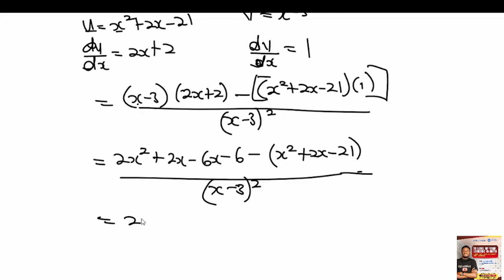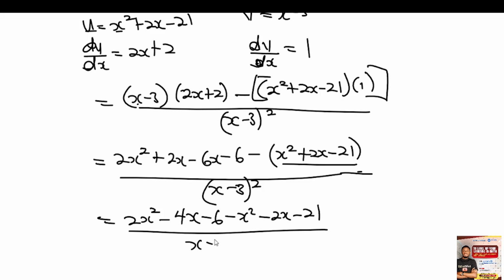We have 2x squared, plus this one will give us 2x minus 6x. So we are going to have negative 4x minus 6. Then the negative will affect whatever is in the bracket. So we have negative x squared minus 2x minus 21, all on x minus 3 all squared.